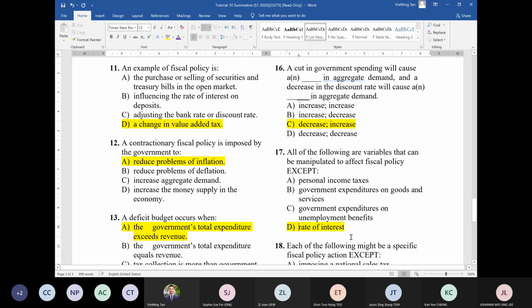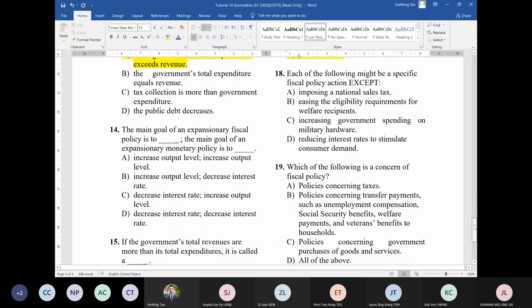We are going to cover it in the coming week. Interest rate is under the monetary policy. For fiscal policy, there are only two tools, which are tax and government spending. Options B and C are government spending, under the category of G. Income tax is referred to as T.